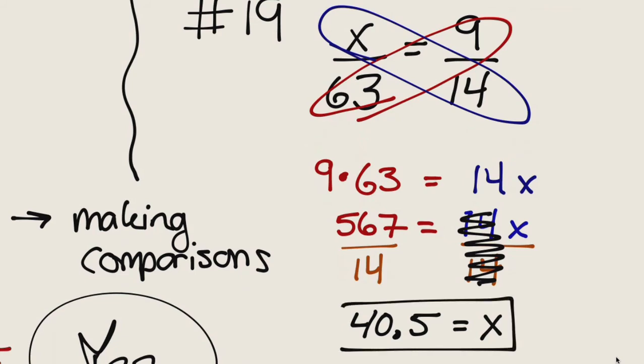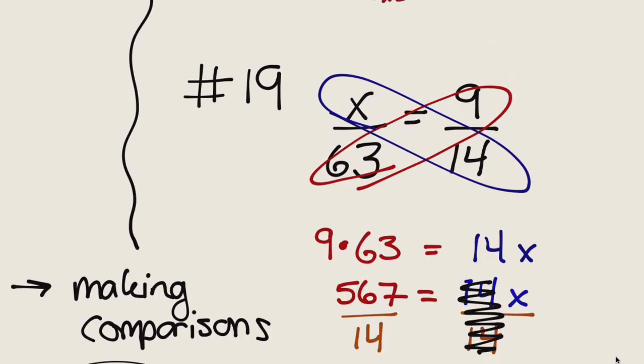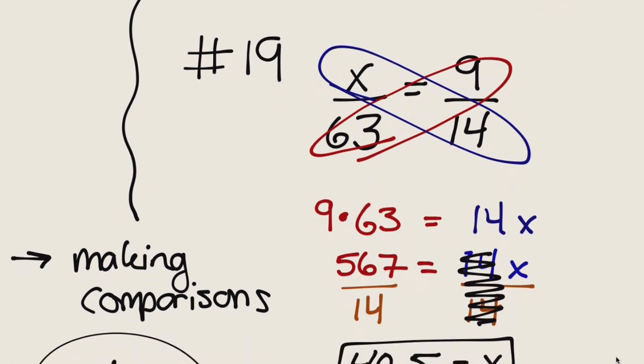Okay, yes, you could have divided 63 by 14, then multiplied that by 9, and you would have gotten x. We call that circular reasoning, sort of. Let me go over to the next page. x over 63 equals 9 over 14.